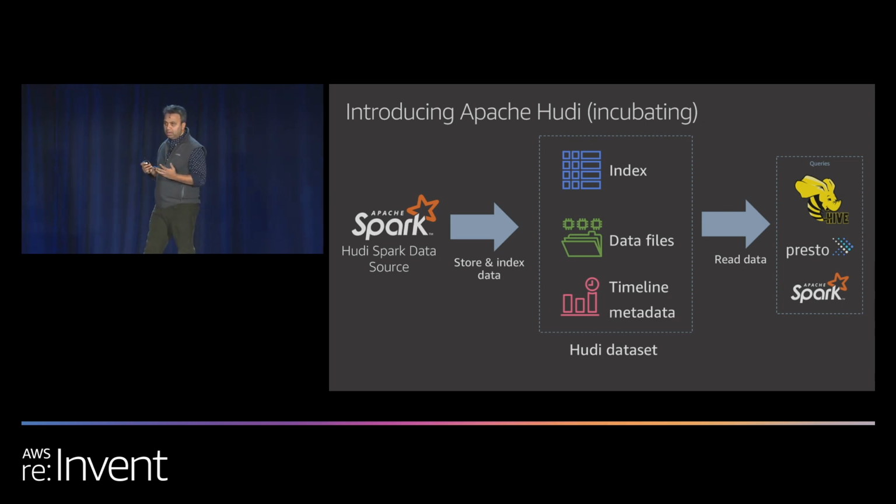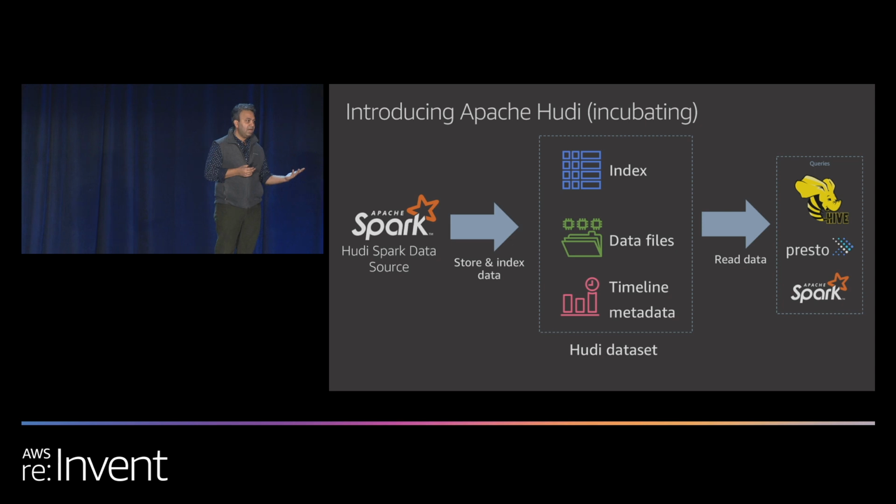So what is Hoodie? Hoodie is an open source project. It's a storage abstraction. So it's not a new storage format. Your data in S3 doesn't change. It's not a replacement for S3. It is a storage format implemented as a library that runs on your Spark cluster. Their libraries also need to be integrated in any systems that you're using to read the data.